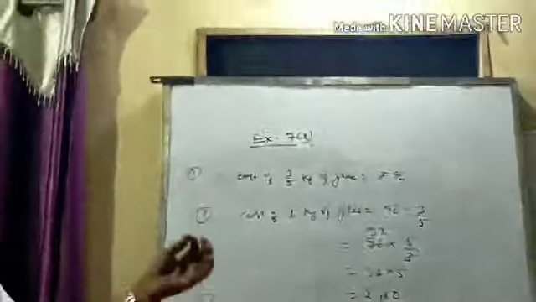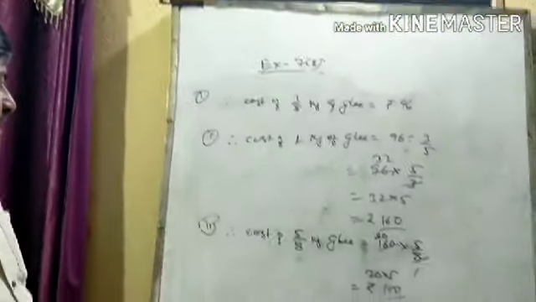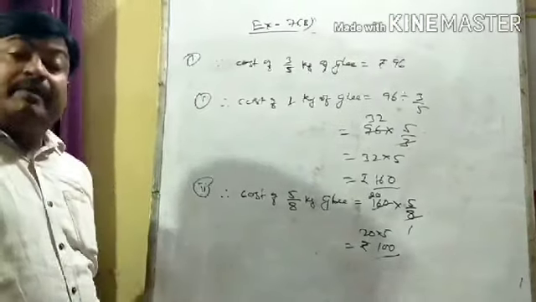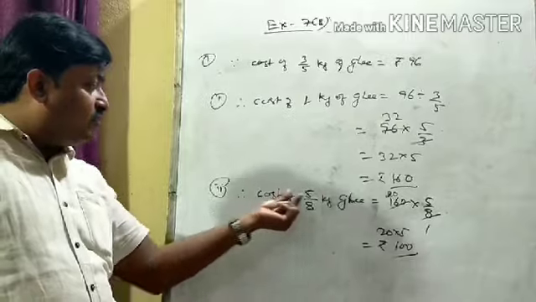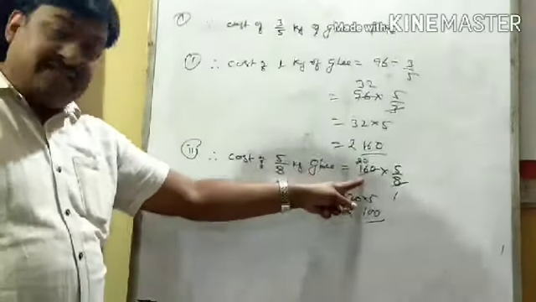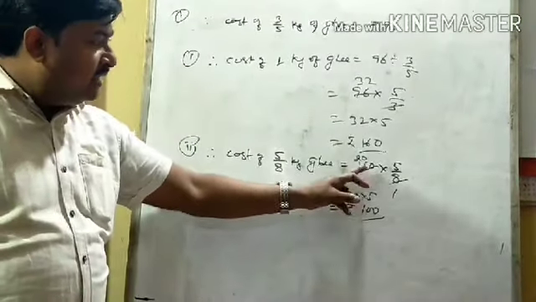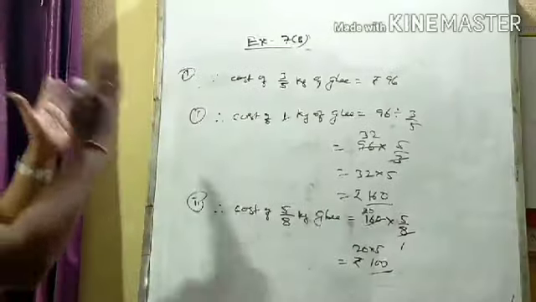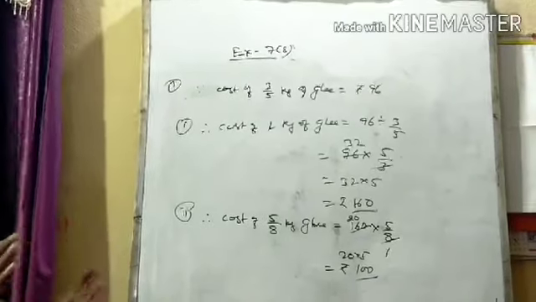Next, the price of 5 by 8 kilogram of ghee is rupees 160 multiplied by 5 by 8, and we get rupees 100. Very easy, same process we will do with the exercise.